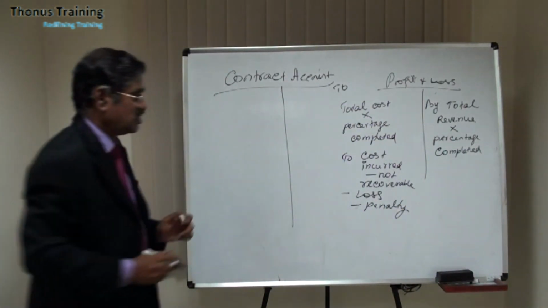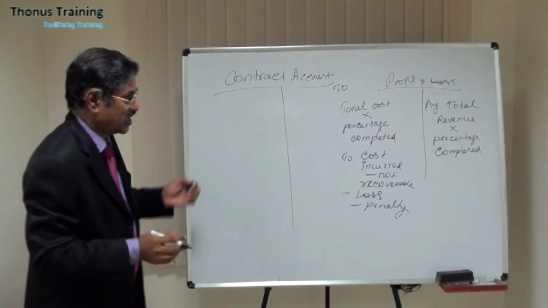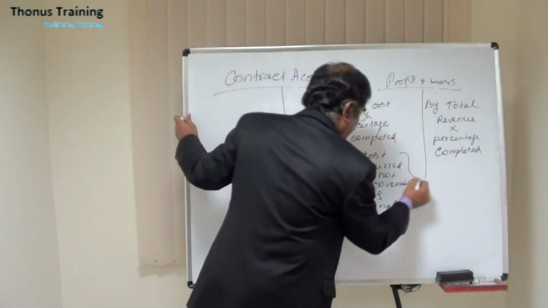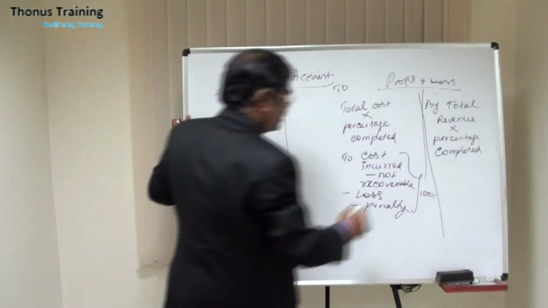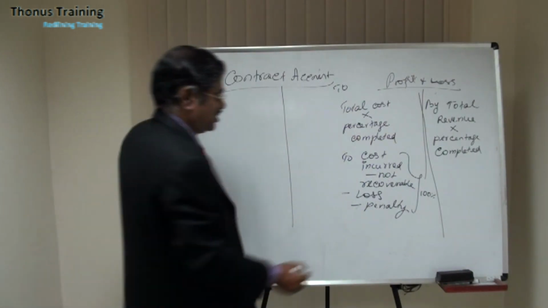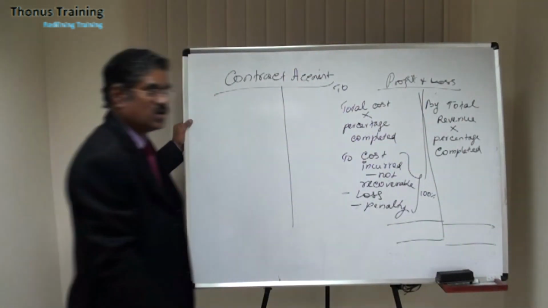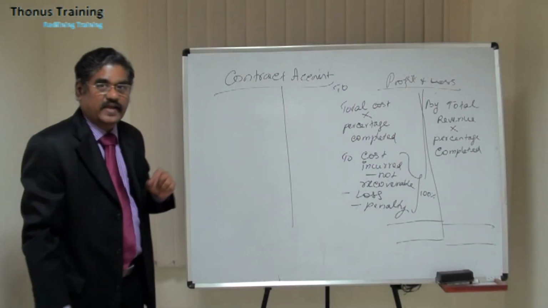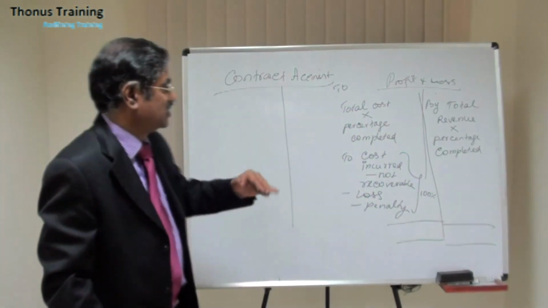If it is a loss or if you expect a penalty or if you have incurred any expenditure which is not recoverable, then 100% of this amount is debited to the profit and loss account immediately. The balance in this account will tell you how much of profit or loss is going to be taken to the statement of comprehensive income during this year.